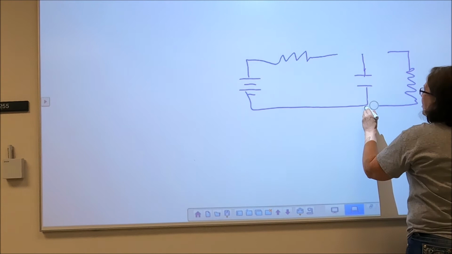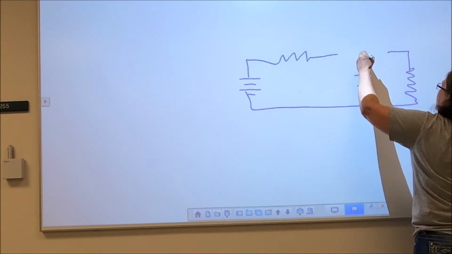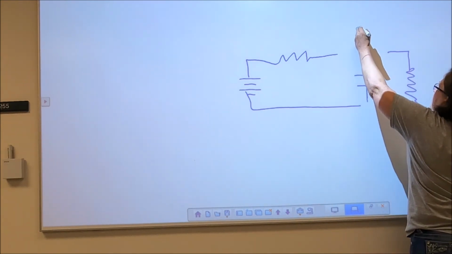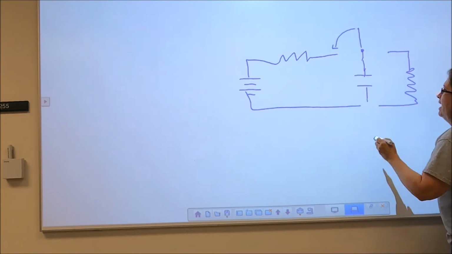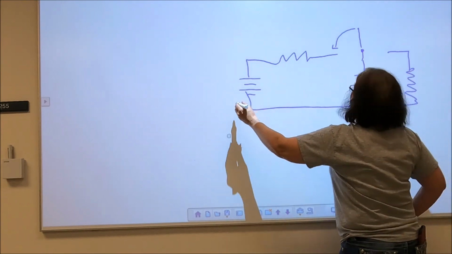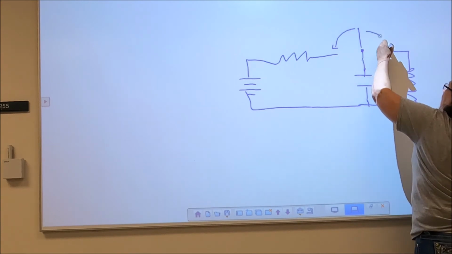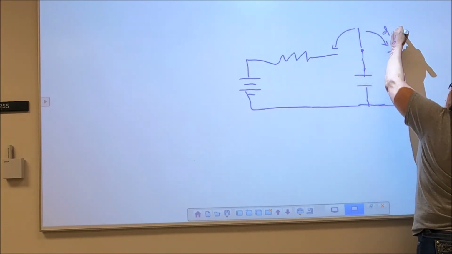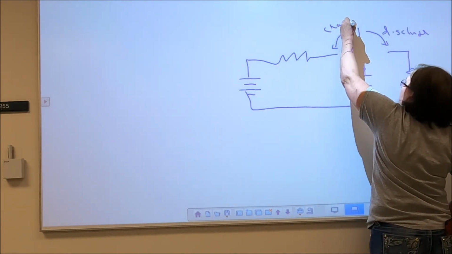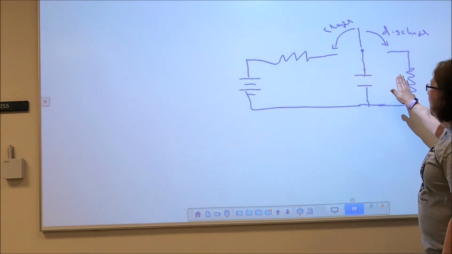You'll see a toggle switch. If it's this way, the circuit charges, because here I've got a battery and a resistor and the capacitor. If it's this way, it discharges. There'll be different size resistors here for the charging and for the discharging.